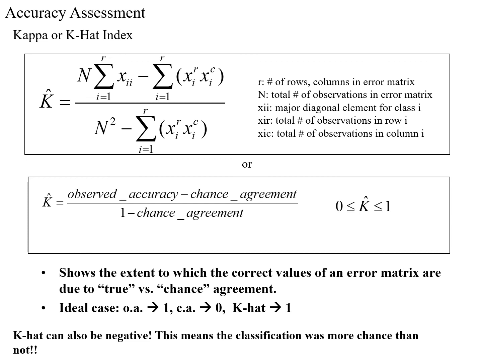Now, k-hat can also be negative, and that means that the classification was actually worse than you would expect just given average random observations. So that's pretty bad.